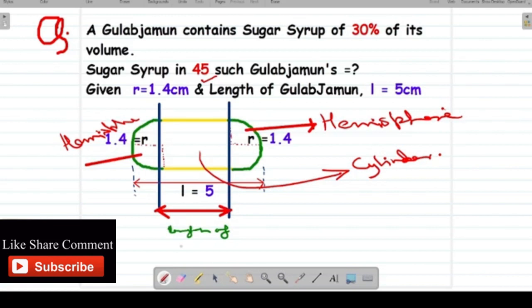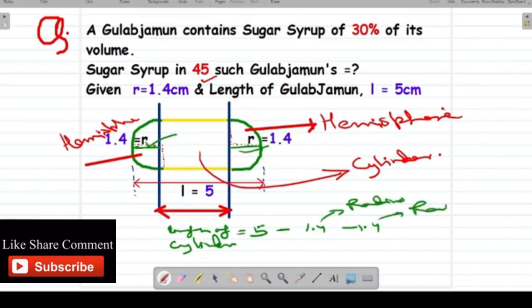This is the radius, and this is the radius, 1.4 and similarly 1.4, so these will be subtracted from 5. So this will be 5 minus 1.4 minus 1.4, because these two are the given radius. So this will be 5 minus 2.8 equal to 2.2 centimeter. So we get the length of the cylinder.